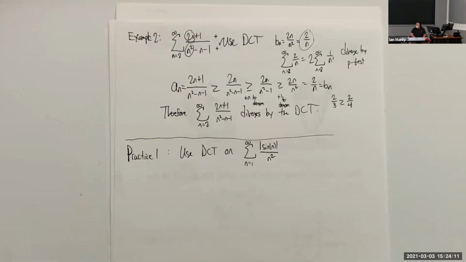Think about what sine of n can never be bigger than. Is it 2 pi? Well, I agree sine can't get as big as 2 pi. Yeah, so why don't you try replacing it with 1 and see what happens?